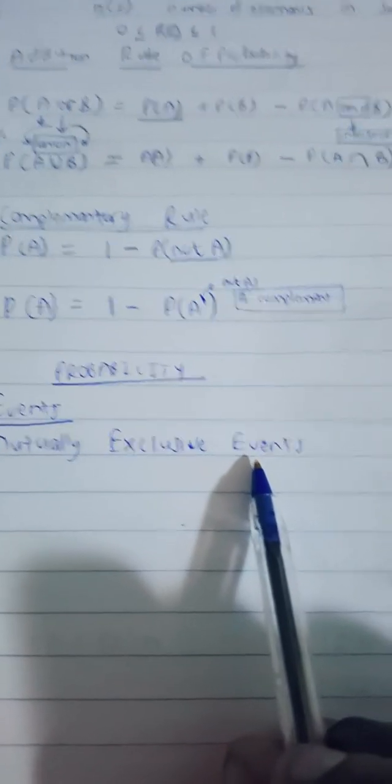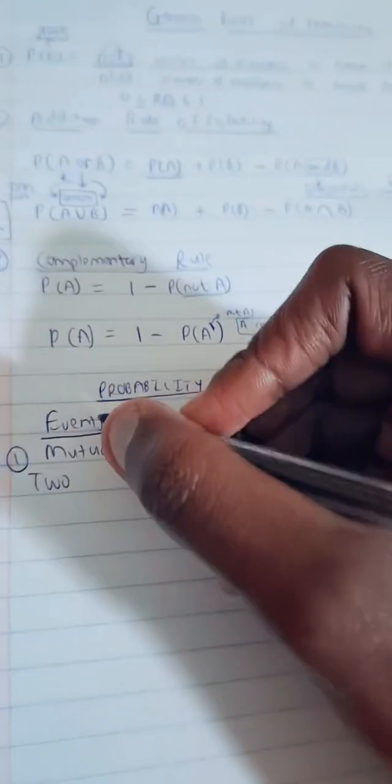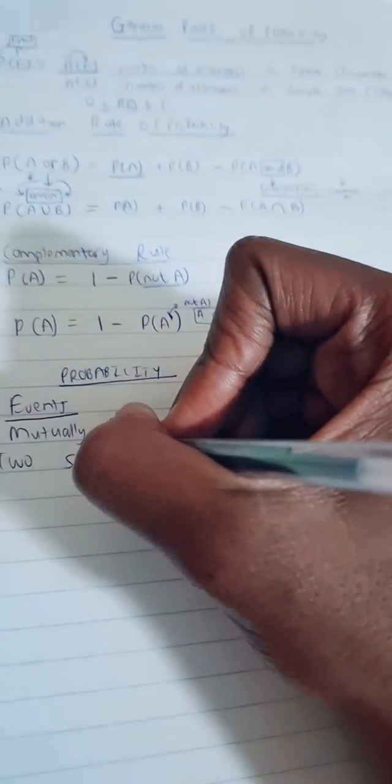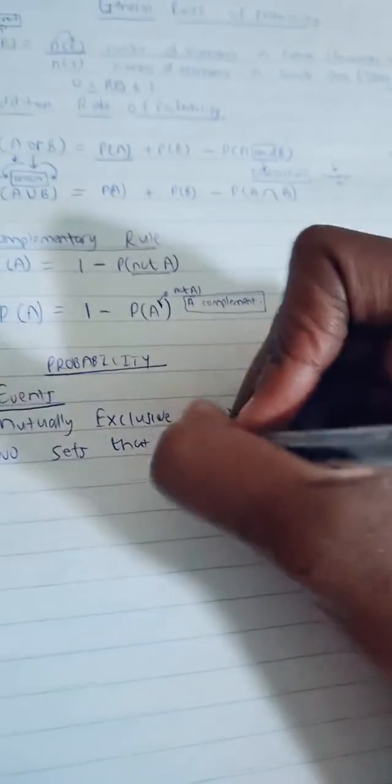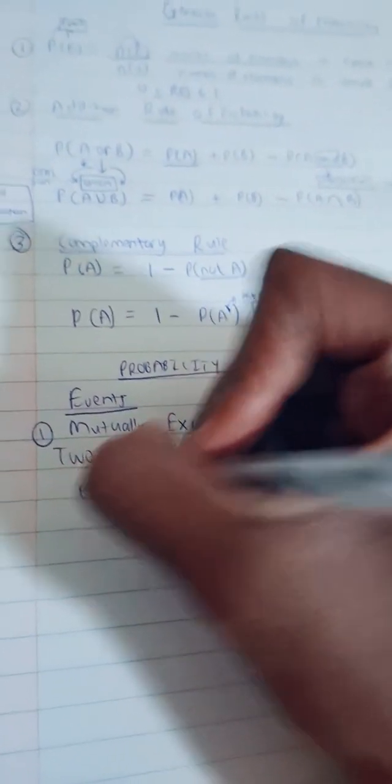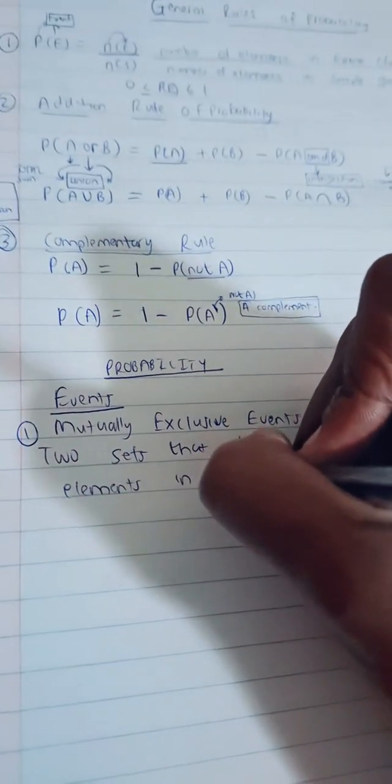Okay. So mutually exclusive events are simply this. It's when we have two sets that have no elements in common.